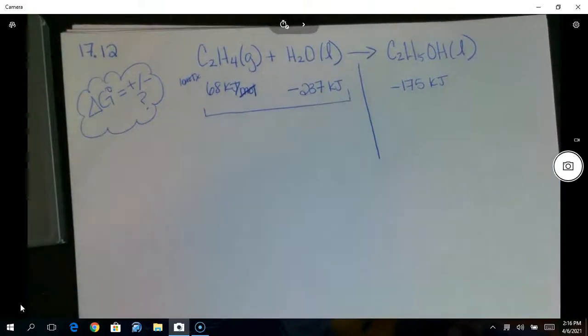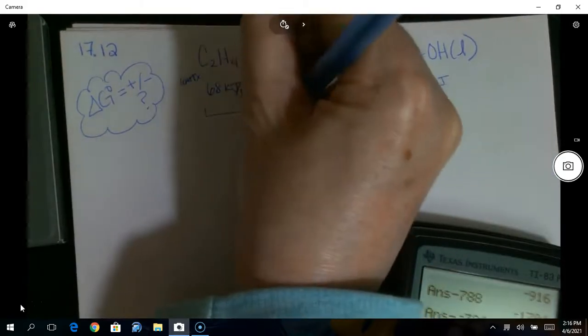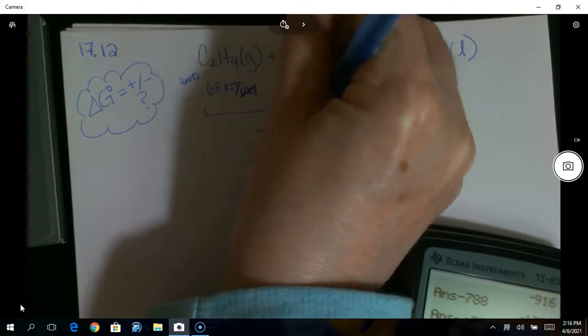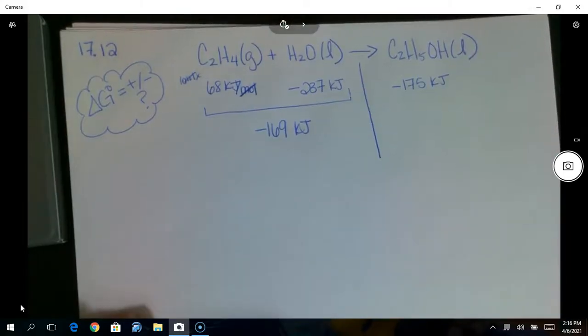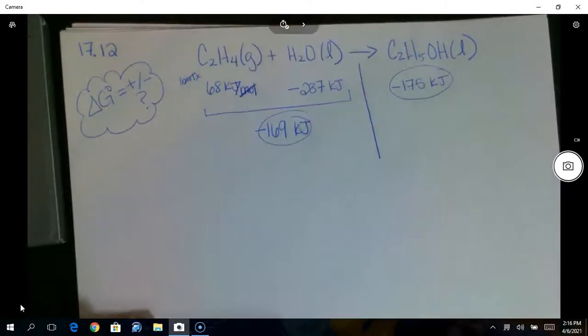I'm going to combine these because I need to combine my reactants to find out how much energy of formation is just on my reactant side. So this is negative 169 kilojoules. To do all my math, I'm going to do final minus initial.